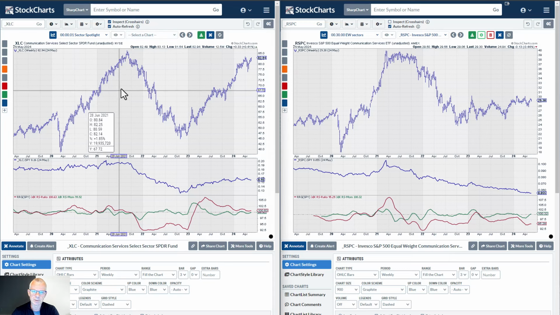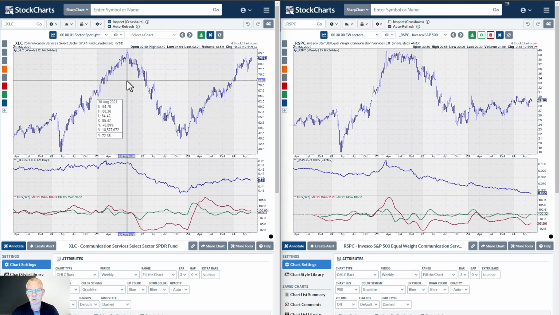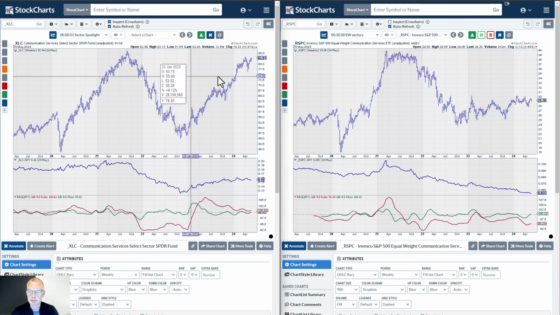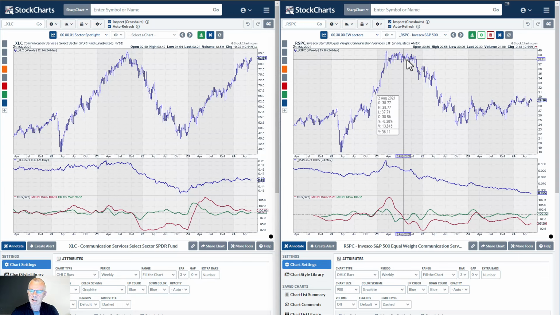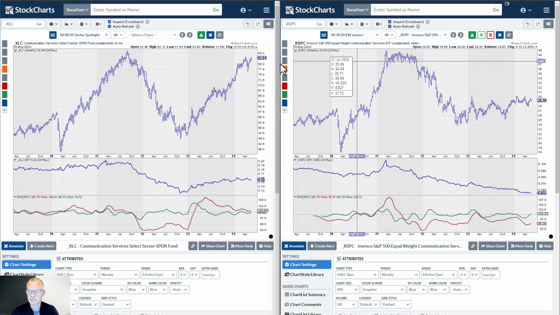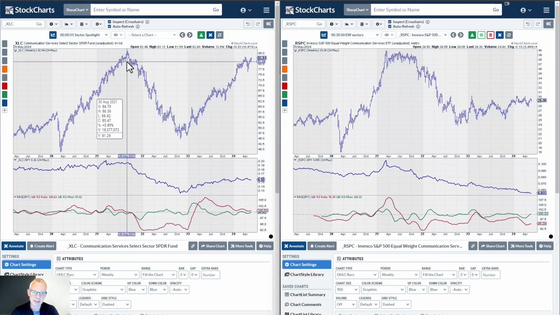Let me put my highlight here. This continues until the end of August 2021. And if you look here, this one reaches its high already in March 2021. And then equal weight goes sideways until November. And as I said, XLC reaches its peak in August and then starts to decline.